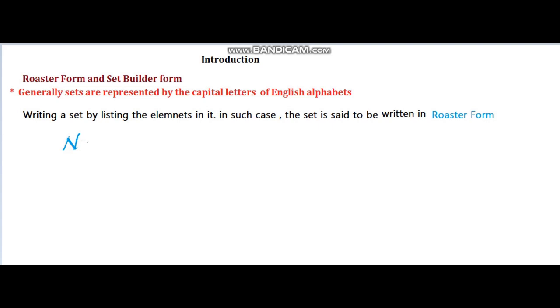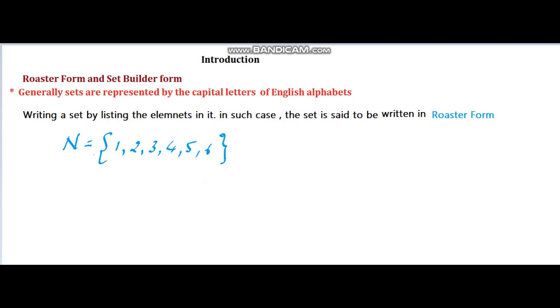So I am taking N for natural numbers, and the elements 1, 2, 3, 4, 5, 6. So this is one set. Representing the elements as they are in the form of a set is called roster form.